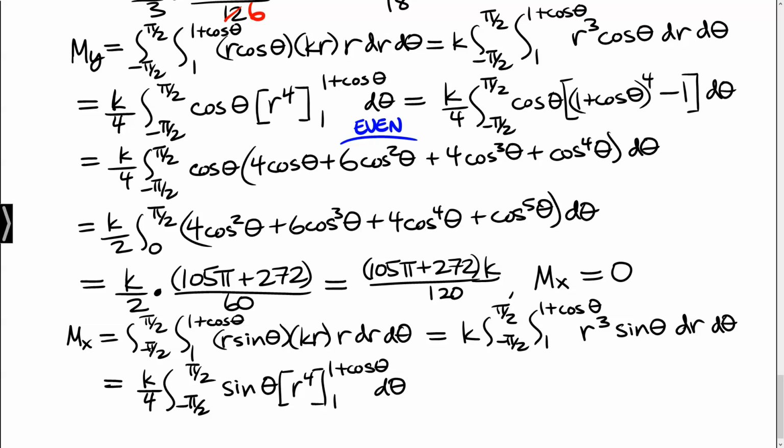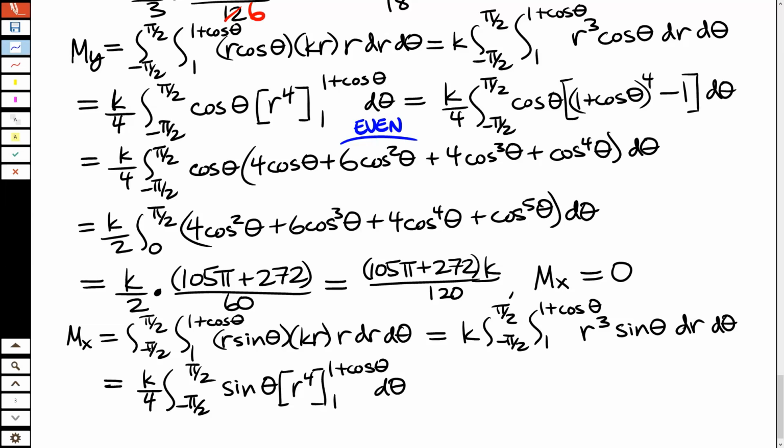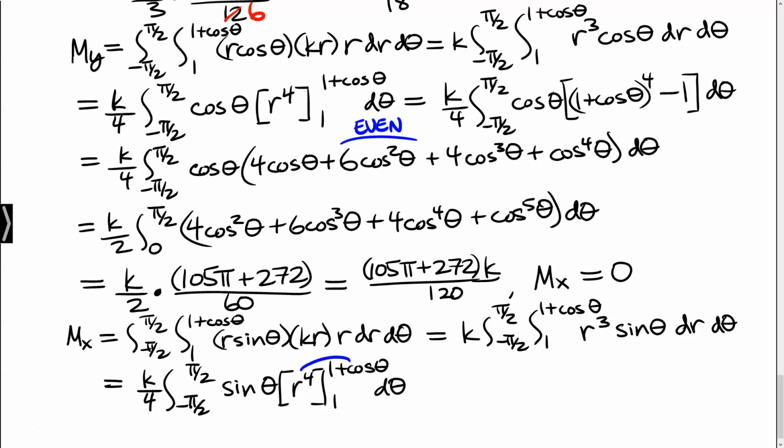What is this bracket r to the 4th? So evaluating r to the 4th from 1 to 1 plus cosine theta, that's just going to be an expression involving just cosines. In fact, we see up here, it's 1 plus cosine all to the 4th minus 1. But that piece right there is all even, just like before.